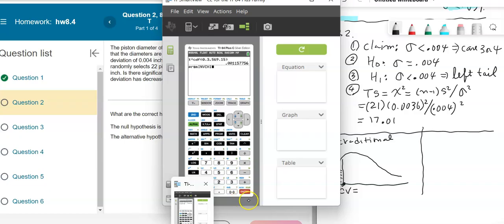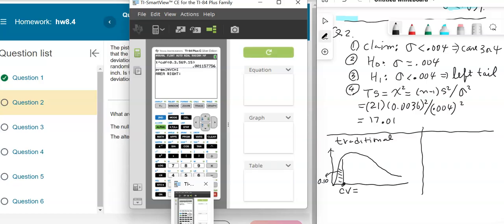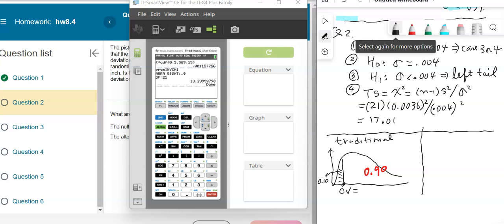Hit enter and then hit one more time. What is the area to the right? The area to the right is 0.90, so I'm going to put 0.9. And then what is the degrees of freedom? 21. Then this critical value is 13.2396. Now, our test statistic 17.01 is outside of the critical region.